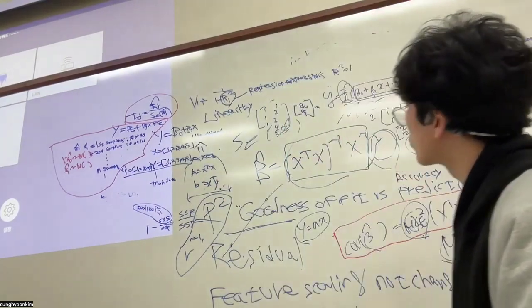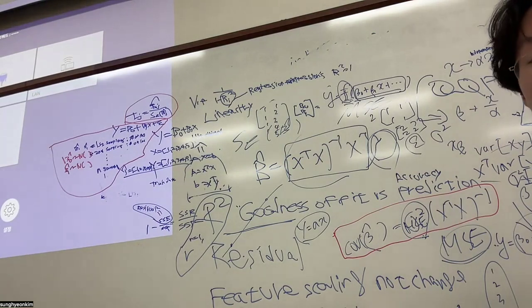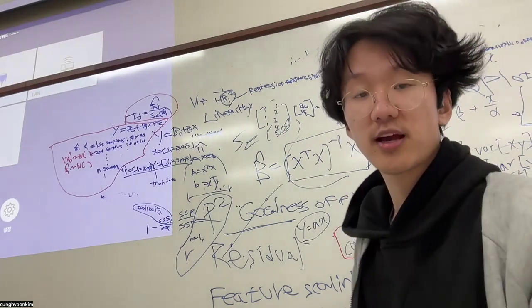We can get those values by calculating the square root of MSE multiplied by X transpose X inverse, which we can calculate.